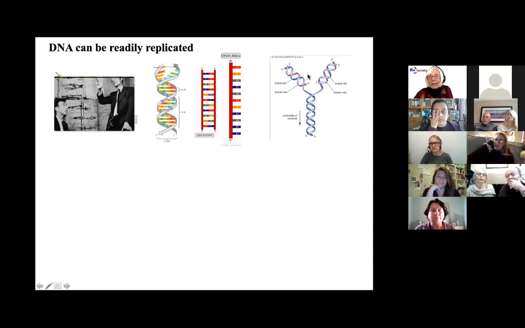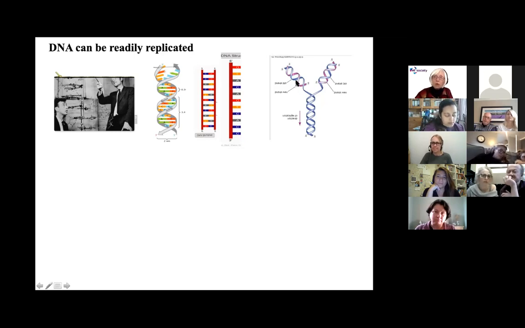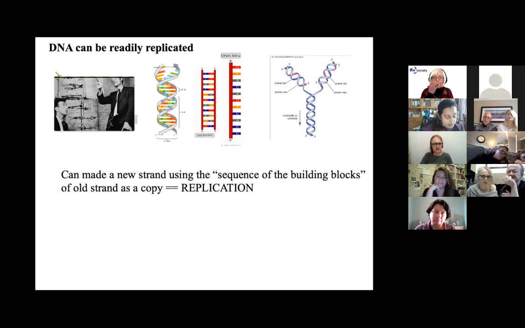And what that allows is that you've got the existing strand, the previous strand. You can then make a copy of that exact sequence by just adding one more building block onto the other down here, and that will be an exact copy of what you had before. So this is a means of replicating your DNA with exactly that same sequence of building blocks that you had before.